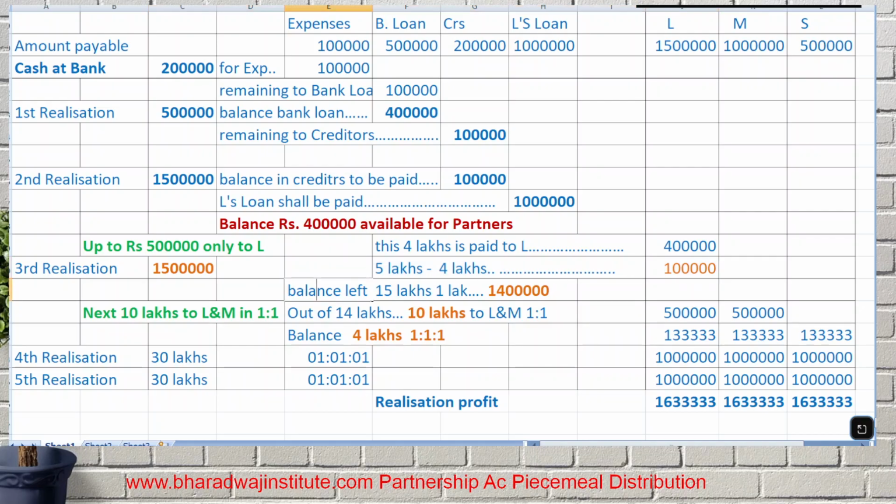Out of the 14 lakhs, next 10 lakhs can be paid to the first two partners in profit sharing ratio. The remaining 4 lakhs in 1:1:1. Any further realization will be transferred in which ratio? 1:1:1 ratio. It is a realization profit because someone paid us more than the unpaid balance.